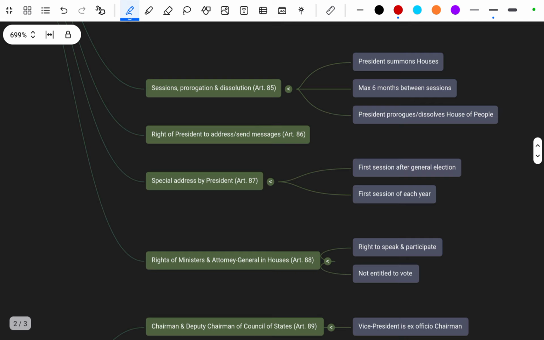Okay. So sessions, prorogation and dissolution, Article 85. So basically the president summons the house, and the maximum duration between two sessions is 6 months. It should not be exceeded. Okay. So the president prorogues and dissolves the House of the People.